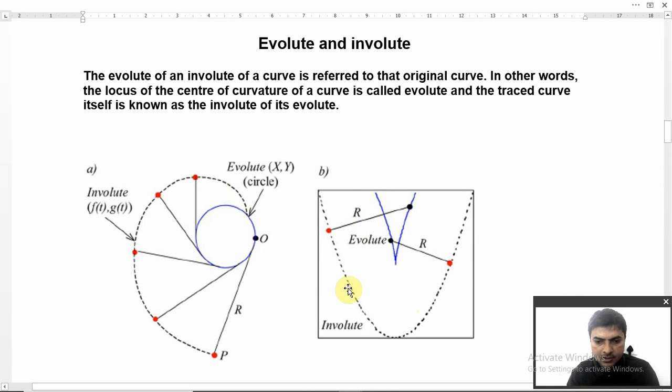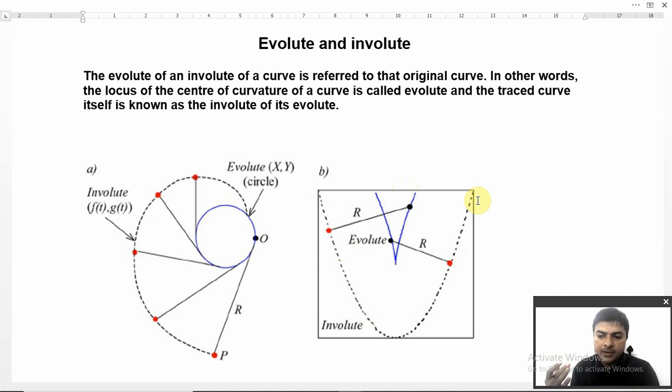Suppose you take a similar curve, then with these lines it becomes our involute, and for this involute we trace a very simple curve. So two diagrams are very important and very simple, and they explain evolute and involute.